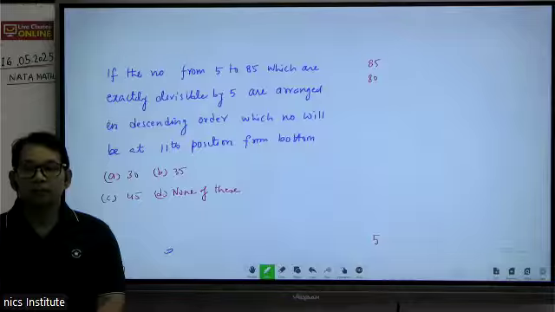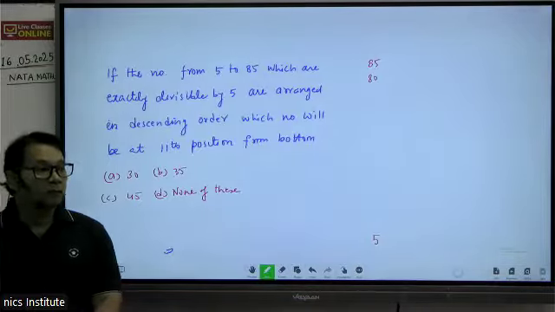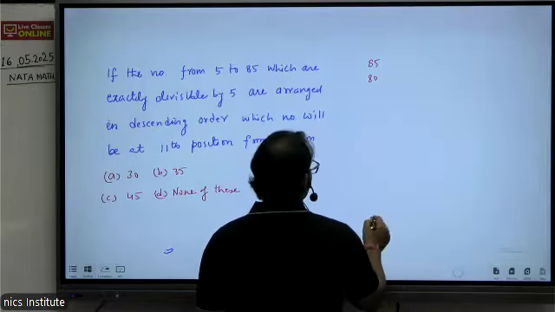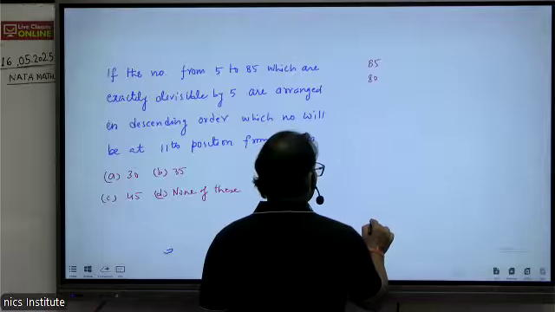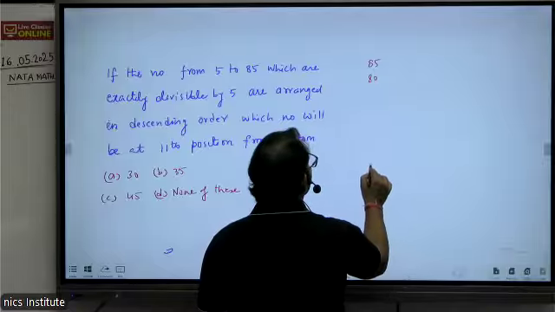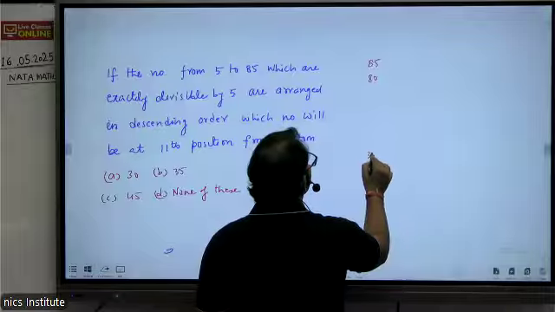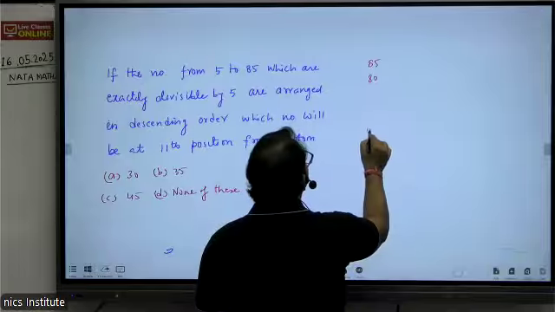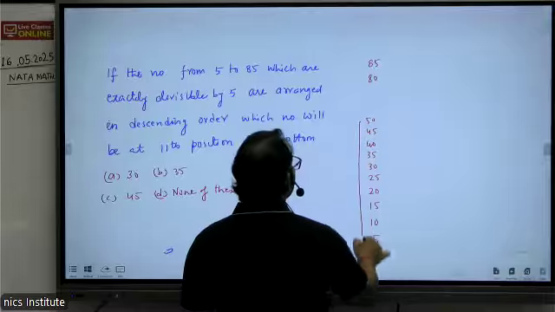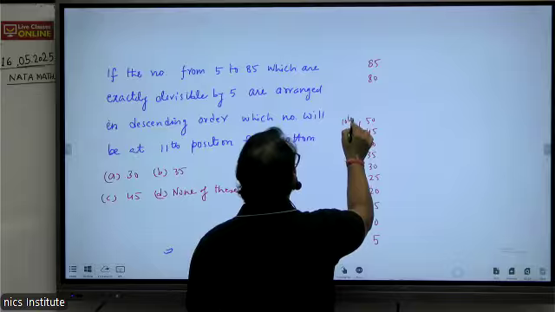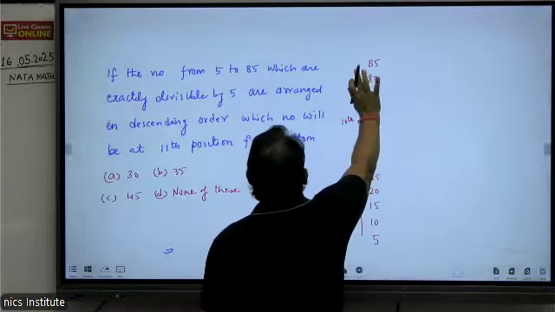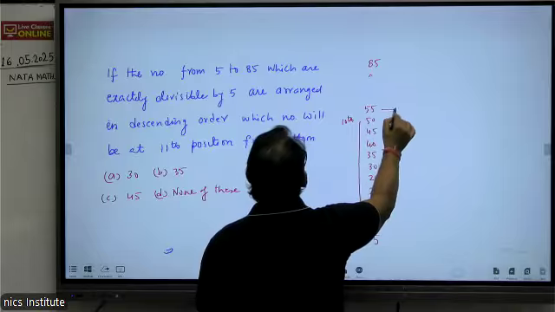So what's the answer? None of these? Otherwise, what is the answer? This would be 10th, right? 5 tens are 50, so 55 would be the number at the 11th position.